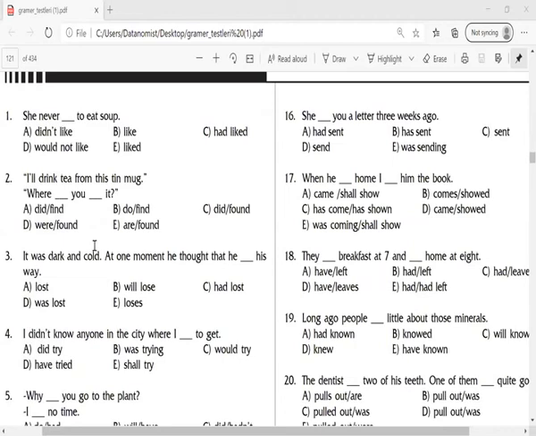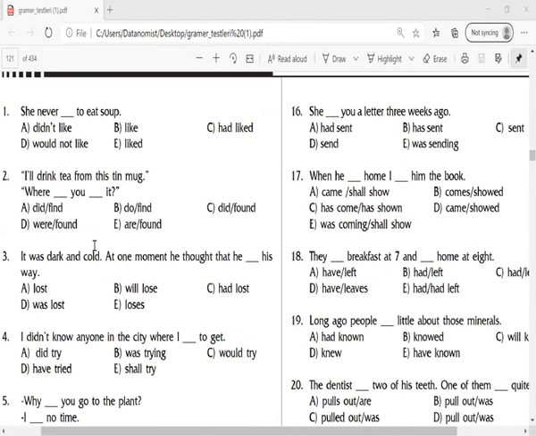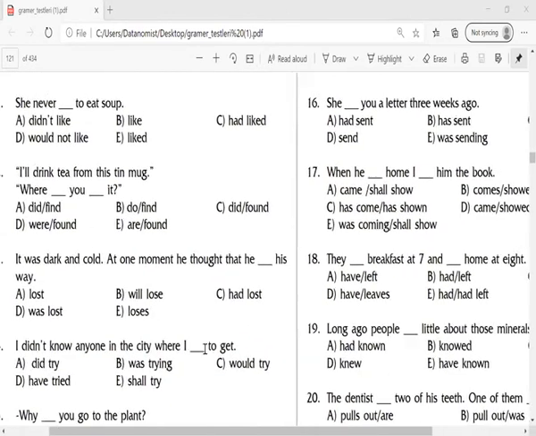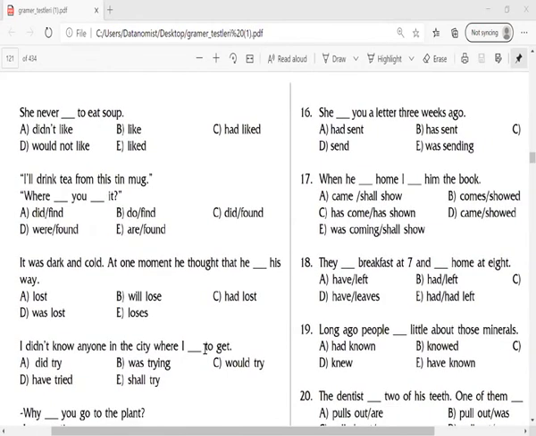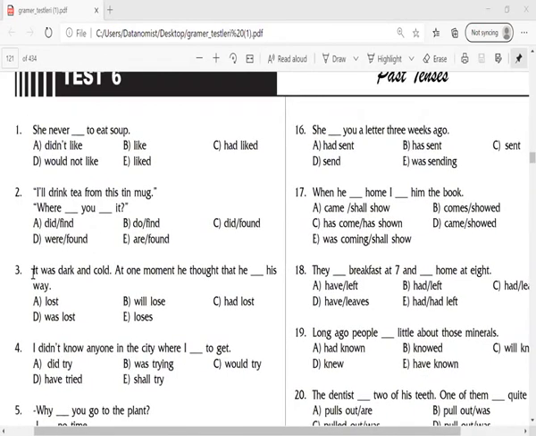Now, all of you, look at the third one. Forget about this. I'll come back to that. It was dark and cold. At one moment, he thought that he lost his way. Now look at this. The moment I see the sentence, immediately my idea goes back to past.